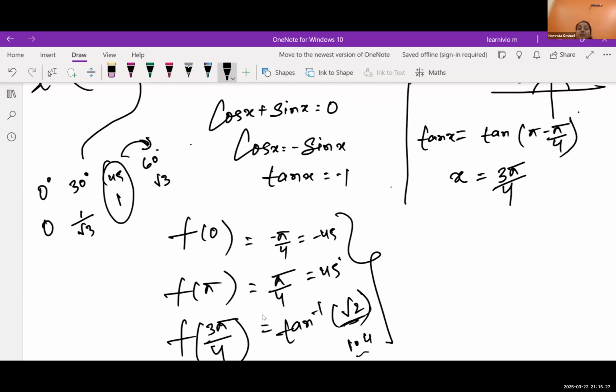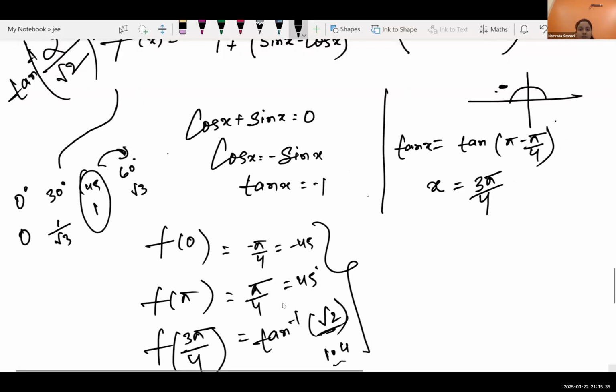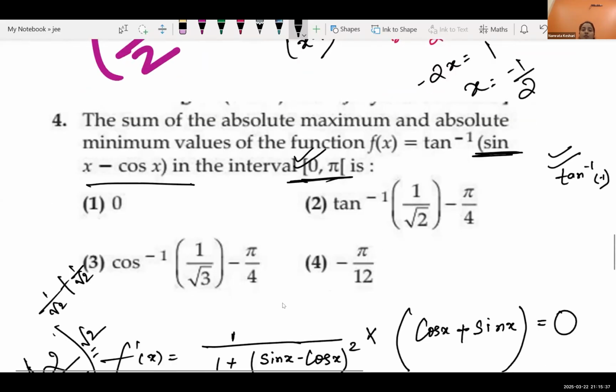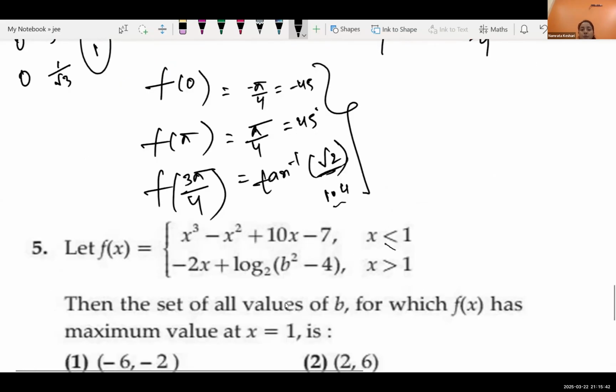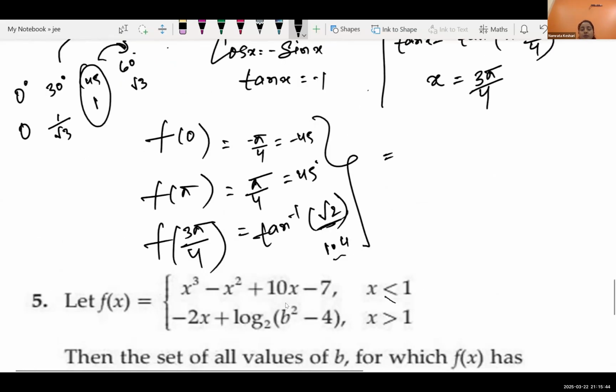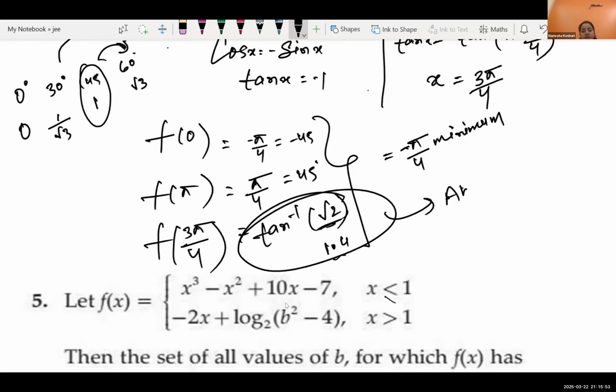Okay, because we have to analyze absolute maxima and absolute minima, we must understand which one is the maximum and which one is the least. So the least is minus pi by 4. This is the absolute minimum, right? And the absolute maximum is this one, can we say? Yes, ma'am. Clear?